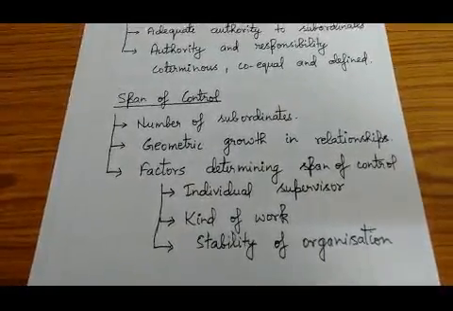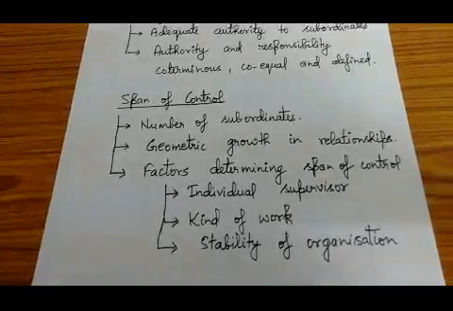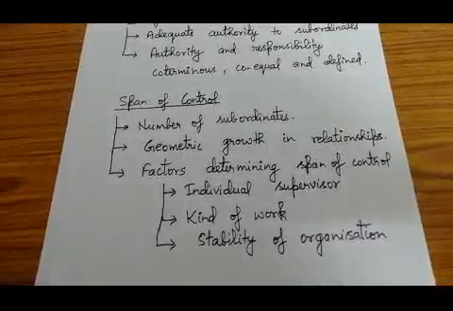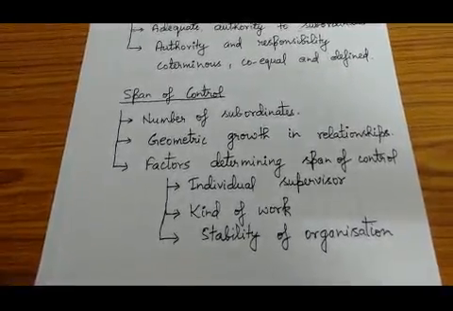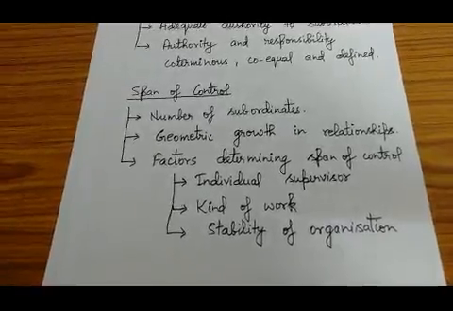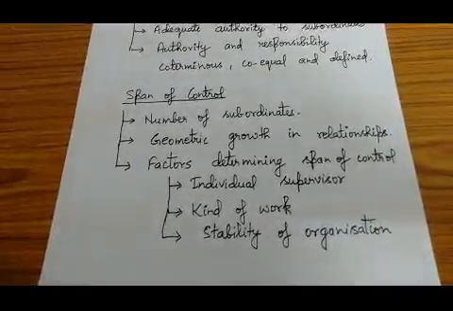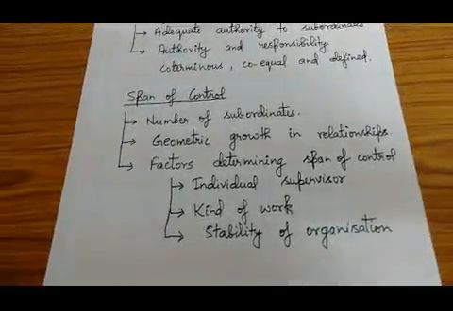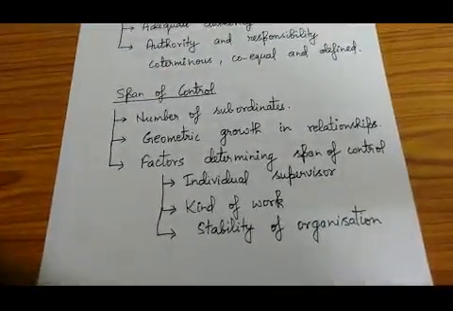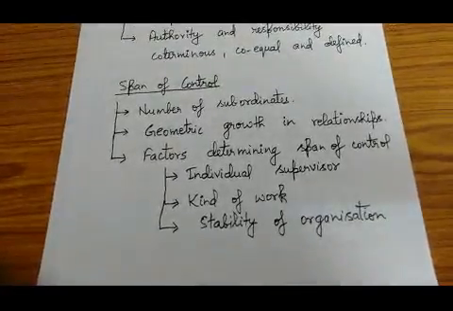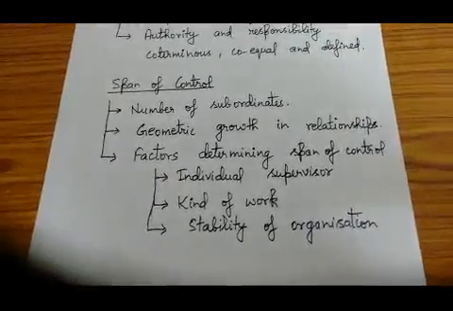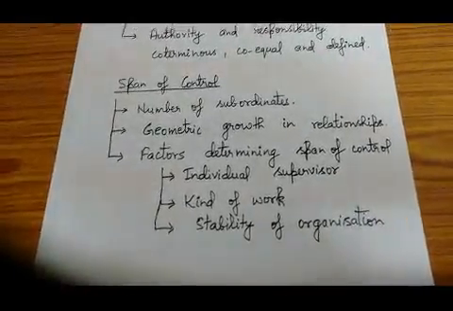If work is very simple, monotonous and repetitive, then you can easily control many employees. But if it is very dynamic and you have to actually control and participate in every employee's working and process, then your span of control could be only 2-3 persons, or maybe only 2 persons, 1 person. It matters according to the work situation and dynamism of work.